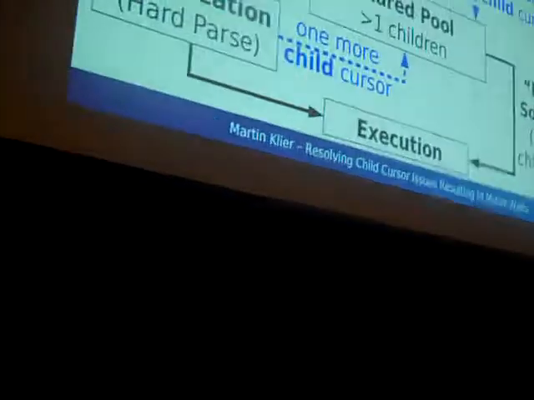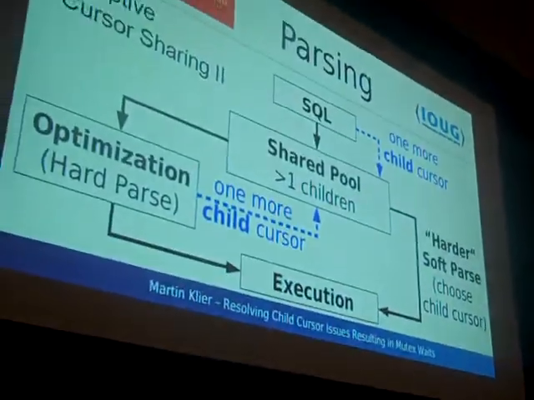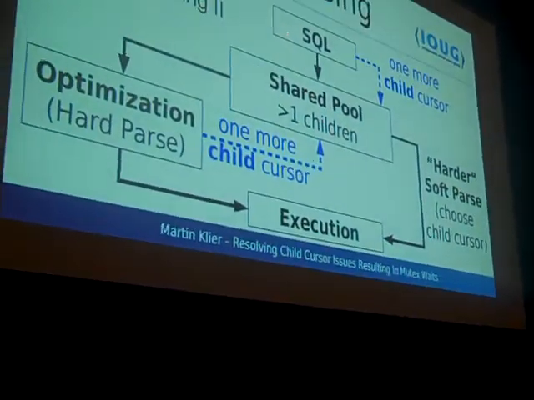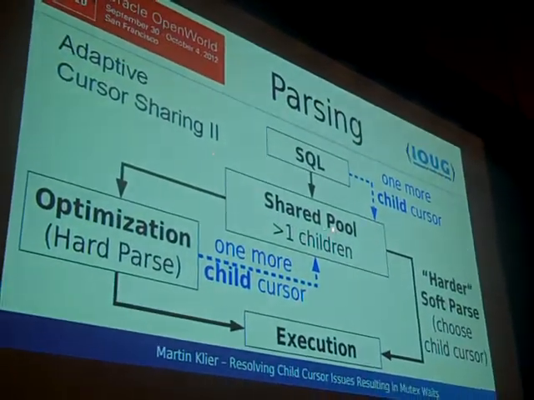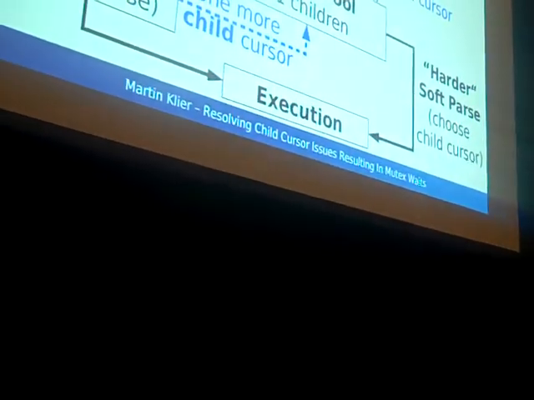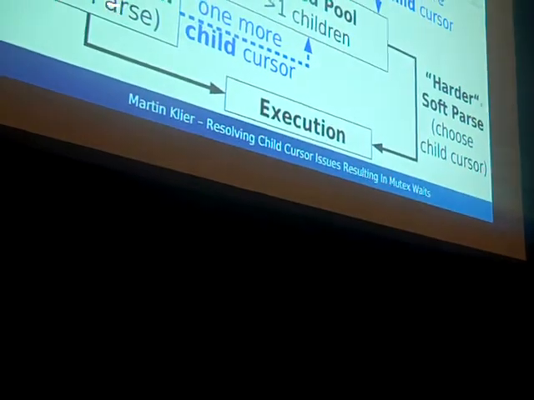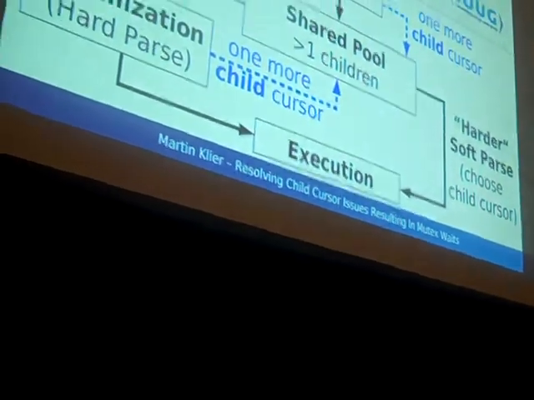Let's have a look at adaptive cursor sharing. If you're adapting, you have got one shared pool entry or more shared pool entries, more library cache objects. If we are optimizing for invalidation reasons or for the first time, we are inserting one child cursor.